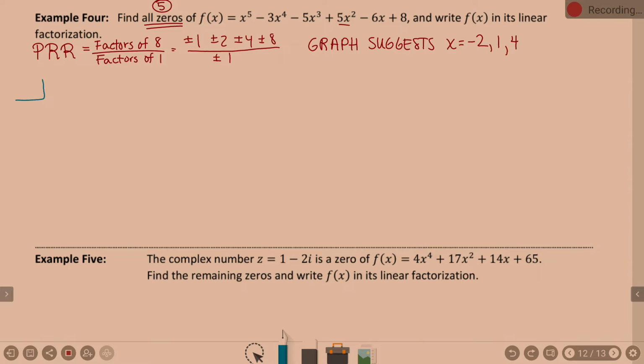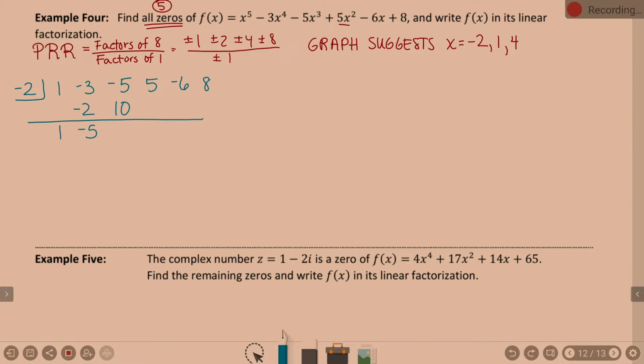You can start with whichever one you want, but we're going to go through all three. I grab the -2 and put in my list of numbers: 1, -3, -5, 5, -6, 8. Synthetic division. Drop the 1. Multiply. Add -3 and -2. Multiply -2 times -5.